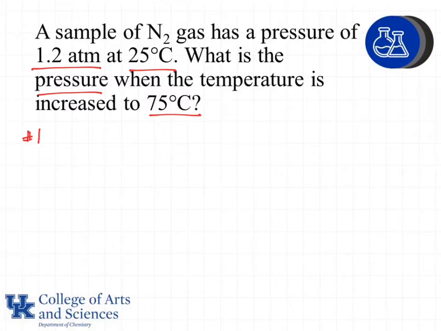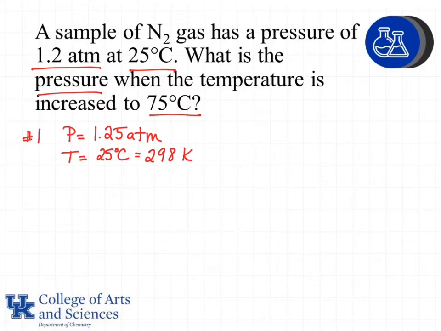For my first conditions, I'm looking for my pressure, which is 1.25 atmospheres, and I also need my initial temperature, which is 25 degrees Celsius, and I have to convert that value to Kelvin, and I get 298 Kelvin.